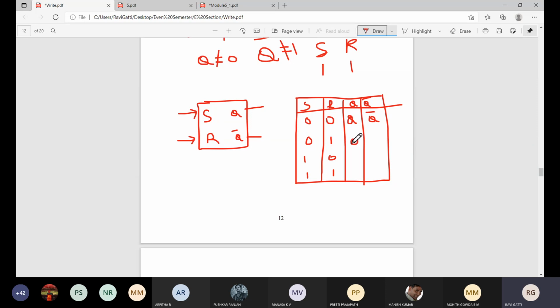So therefore, your Q will be 0 and Q bar is equal to 1. Third one, when S is equal to 1, R is equal to 0, we call it a set condition. Set condition means we are setting the memory to 1. So therefore, your Q will be 1 and Q bar is equal to 0. For the last condition, S is equal to 1, R is equal to 1, it is undefined, or it is also called a not allowed condition.